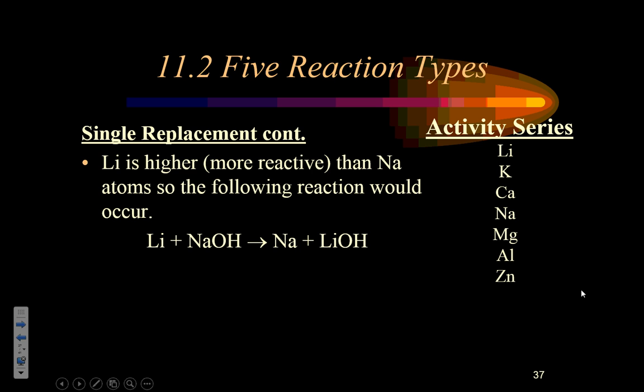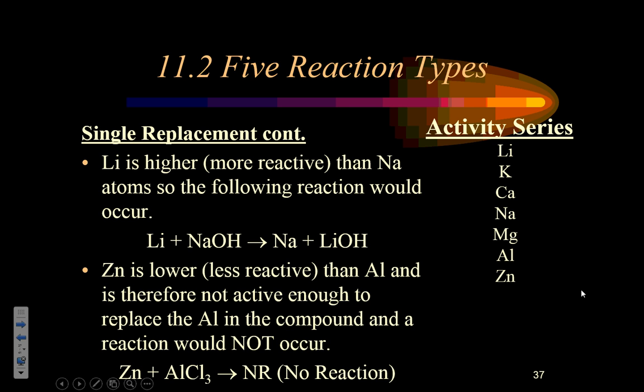So this is an example of a single replacement reaction that actually occurs. And that's because the lithium was higher than the sodium. So basically, is the element more reactive than the like element? That's what you're asking yourself. So always look at it from the viewpoint of the element that's attempting to replace. Now, if we look at this situation, zinc is actually lower or less reactive than aluminum, and therefore it's not reactive enough to take its place in the compound.